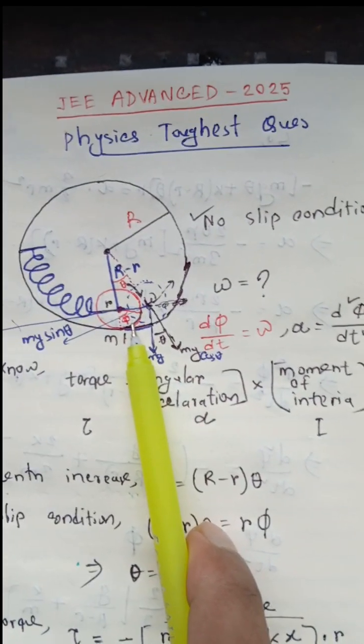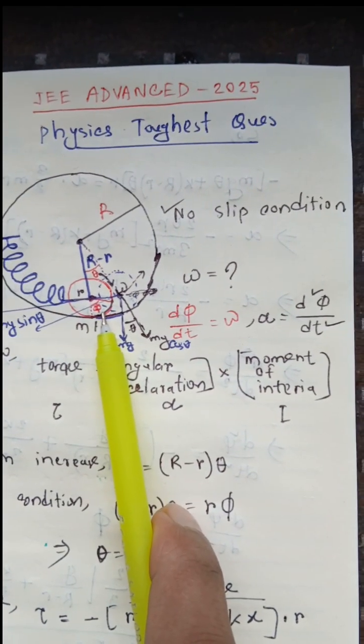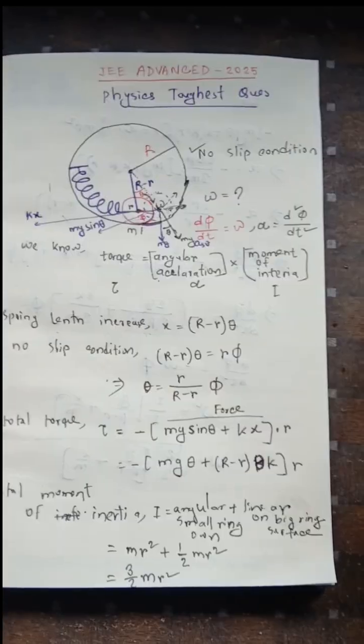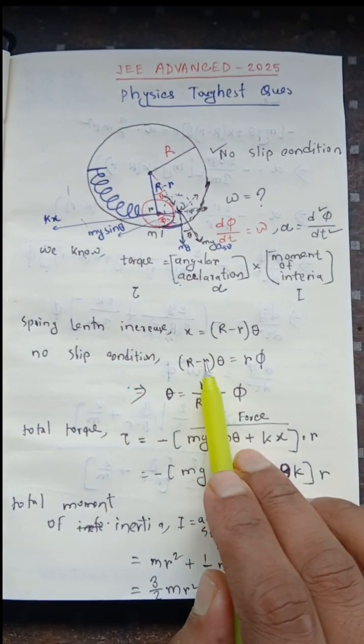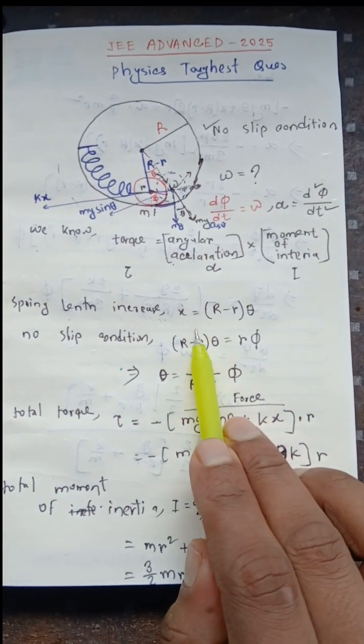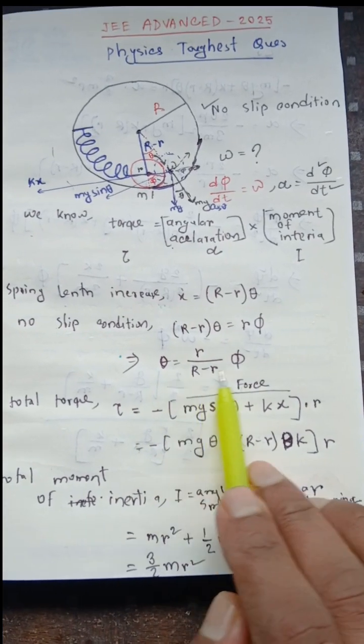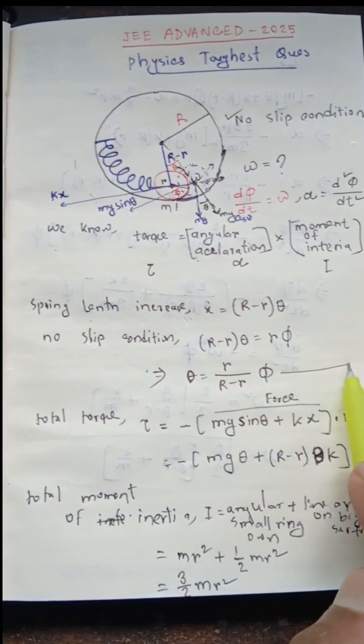We already saw the animation and it clears the visualization. So finally we understand the no slip condition. From this we find the value of theta as a function of phi.